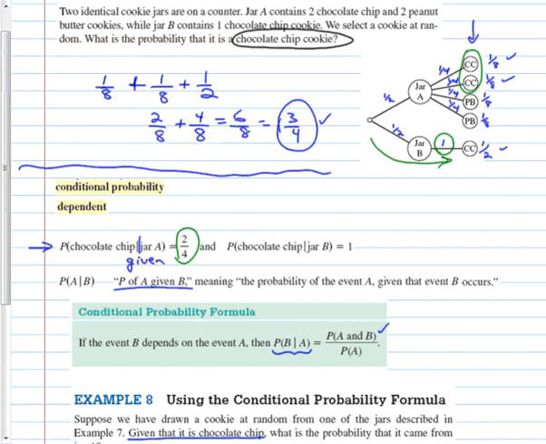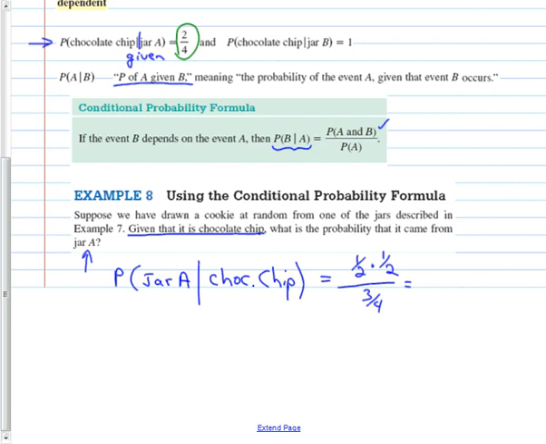And the probability I draw jar A, which is 1/2. So 1/2 times 1/2, that goes on the top. And 1/2 times 1/2 is 1/4. And instead of dividing by 3/4, we'll multiply by 4/3. And that gives me what I was wanting to get, 1/3 probability.